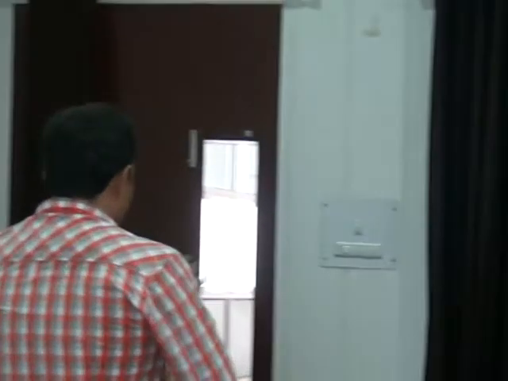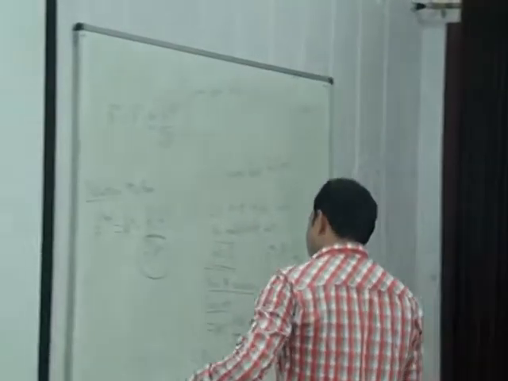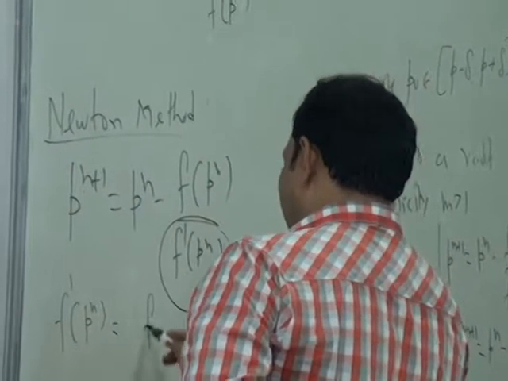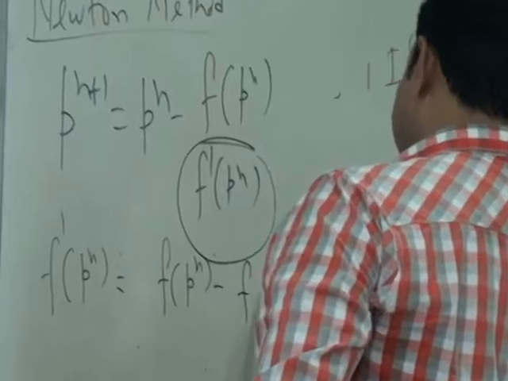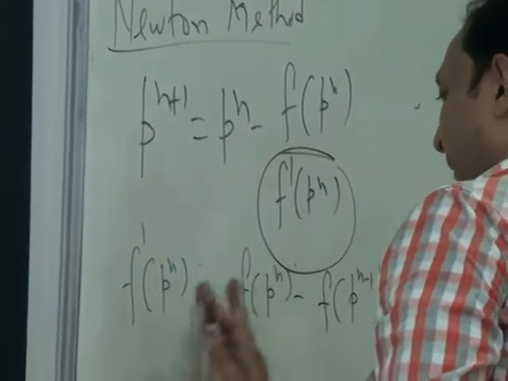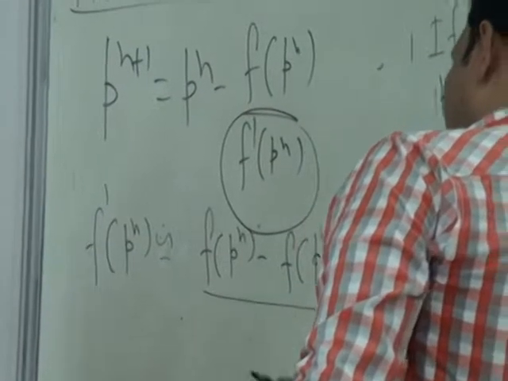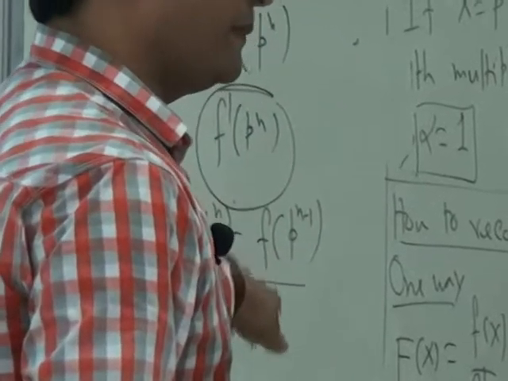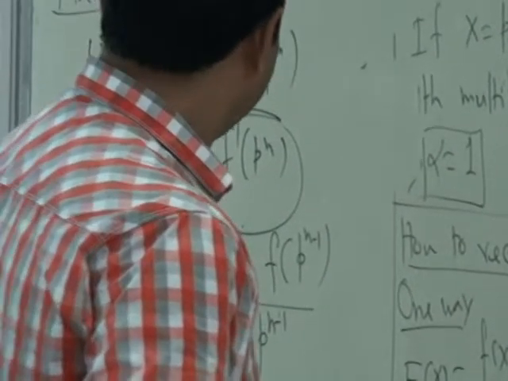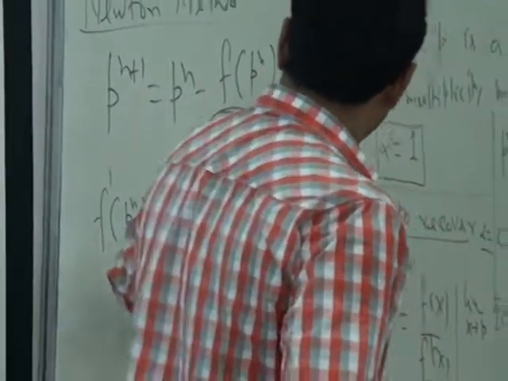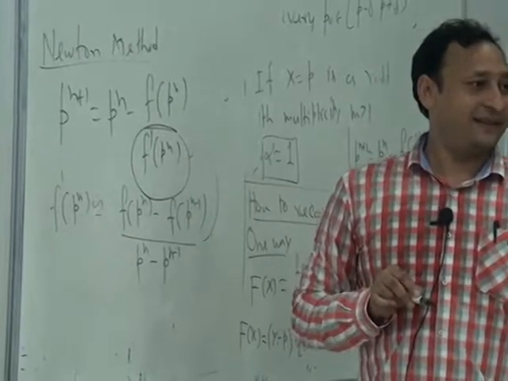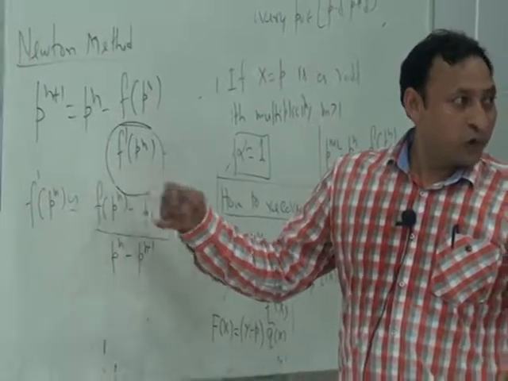So how do I avoid the derivative? The derivative can be avoided by writing f dash Pn as F(Pn) minus F of some approximation, divided by Pn minus that previous point. This is what the derivative is, without the limiting sense. Now you plug this number over here, so you have no more derivative.